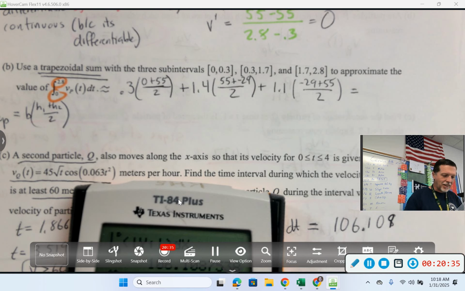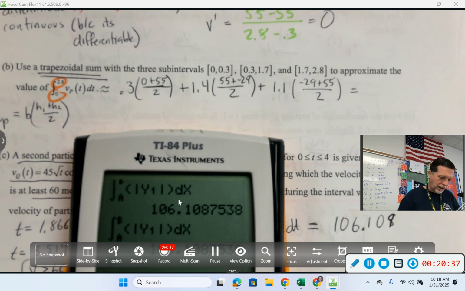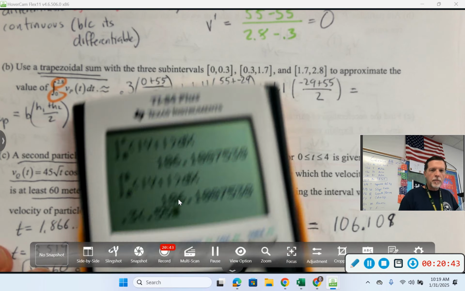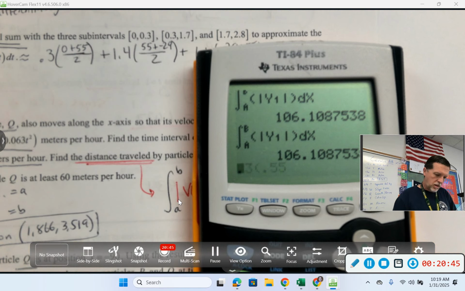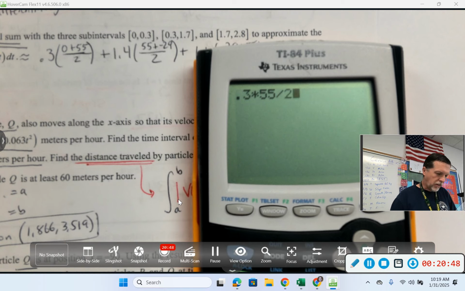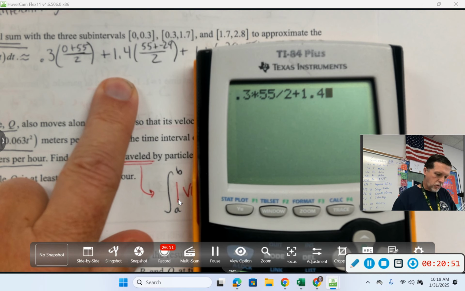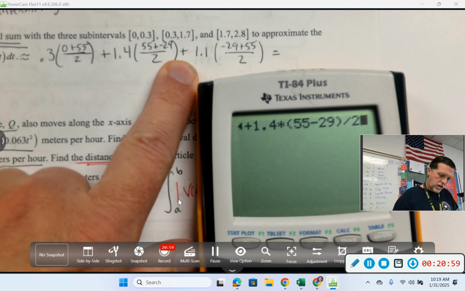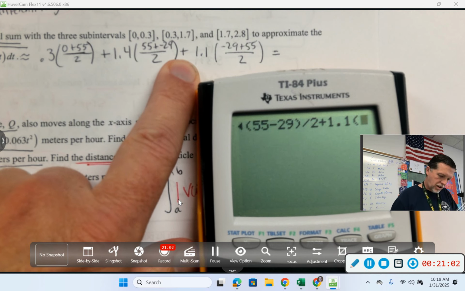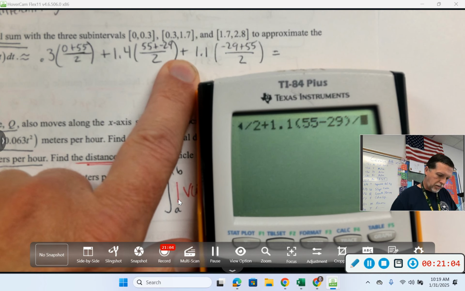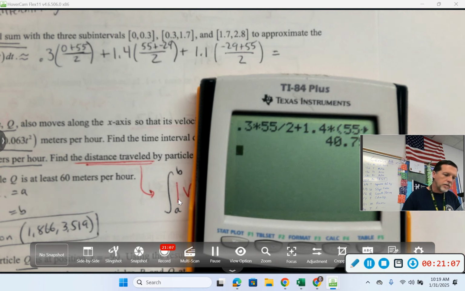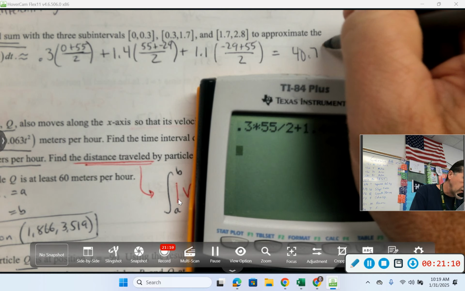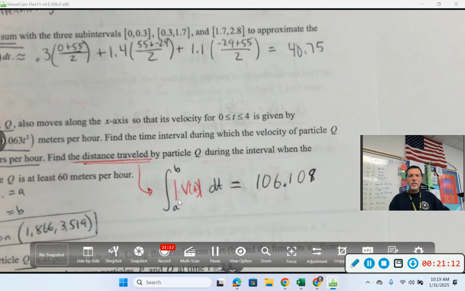I guess I could leave it and just copy it all down, but it's probably easier to figure out what it is. .3 times 55 over 2 plus 1.4 times 55 minus 29 divided by 2 plus 1.1 times 55 minus 29 divided by 2. Kind of annoying, but hey, we got a calculator. So all of that is 40.75.